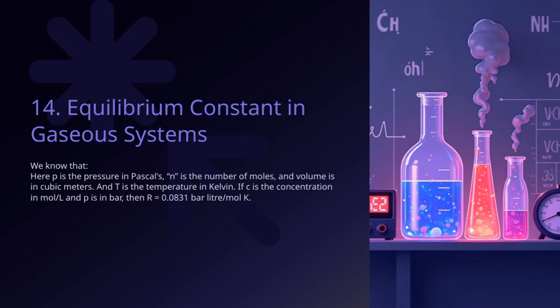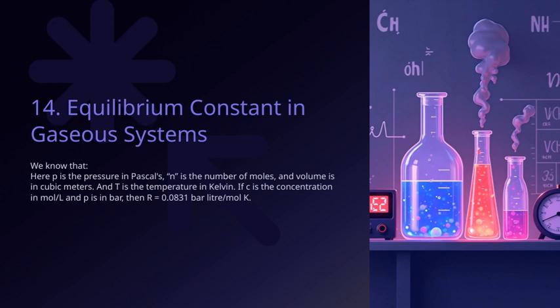By understanding these relationships, we can better grasp how gases interact in different conditions, which ties back to the overall theme of chemical equilibrium and reaction dynamics. So this slide emphasizes the importance of the parameters involved and their units, which are fundamental for calculating and understanding equilibrium in gaseous systems.